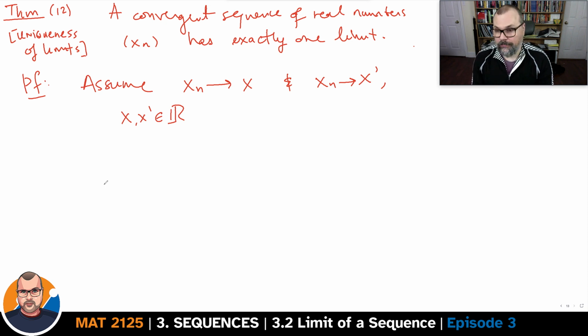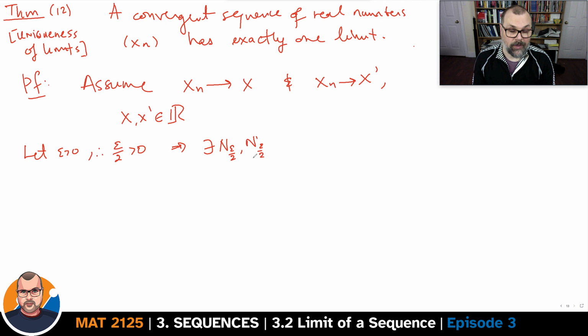According to the definition, if epsilon is greater than 0, then epsilon over 2 is greater than 0. Now, epsilon over 2 is a positive quantity, and so, given that xn converges to x and to x prime, you can find an n epsilon over 2, so it's an integer n which depends on this positive quantity, and another integer n prime epsilon over 2, such that |xn minus x| is less than epsilon over 2 when n is greater than n epsilon over 2.